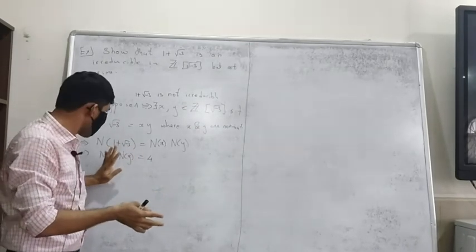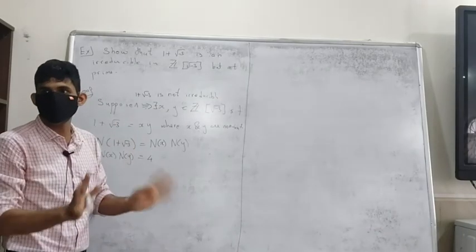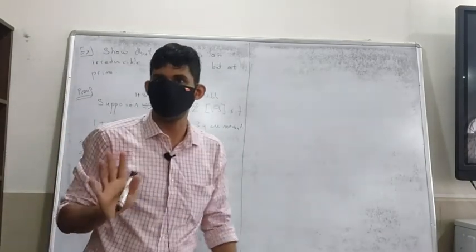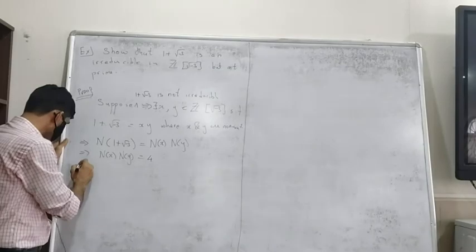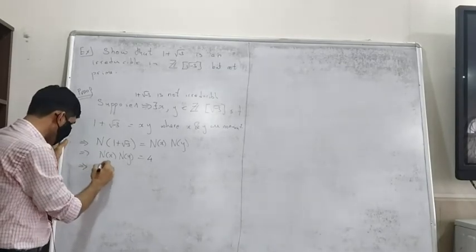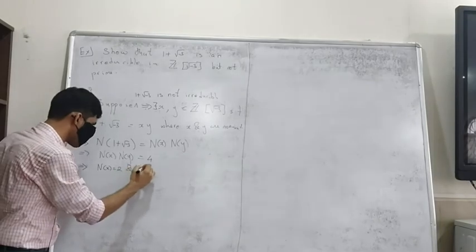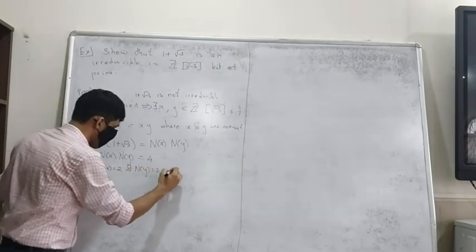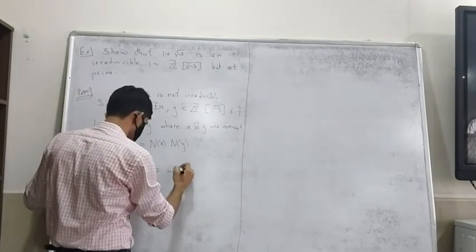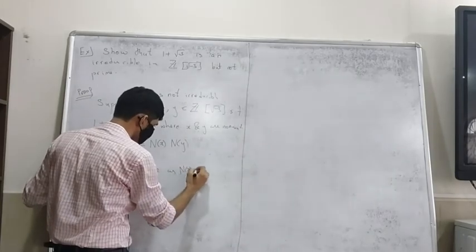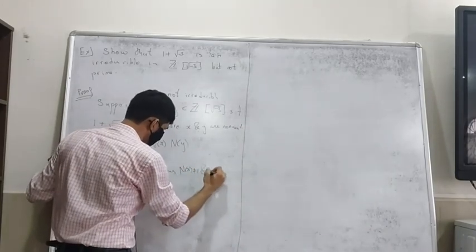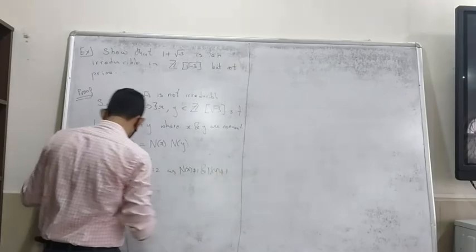So the only possibility is 2 times 2 using factorization of natural numbers. So N of x is equal to 2 and N of y is equal to 2, as N of x is not equal to 1 and N of y is also not equal to 1.